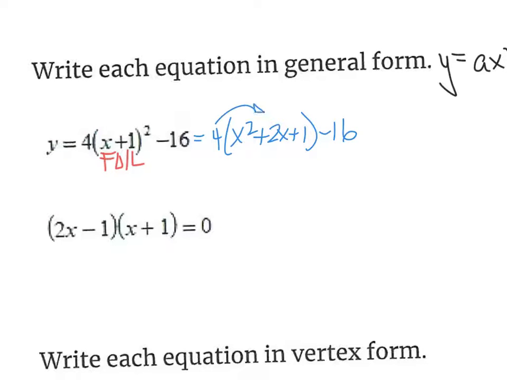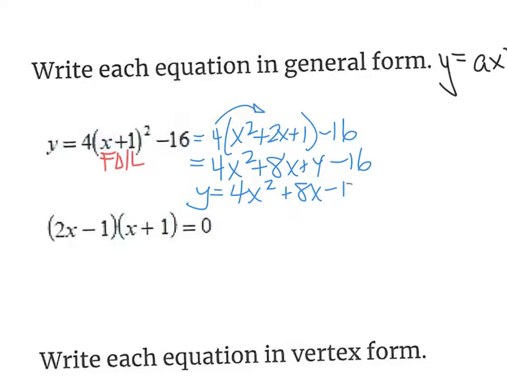Multiply 4 into everything: 4x squared plus 8x plus 4, minus 16 drops down. Collect like terms, and y is equal to 4x squared plus 8x minus 12. There's my general form.